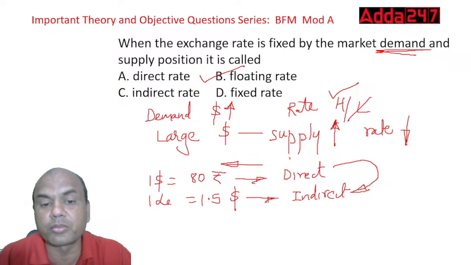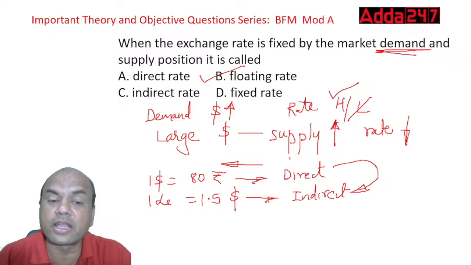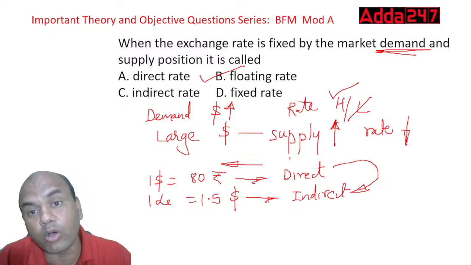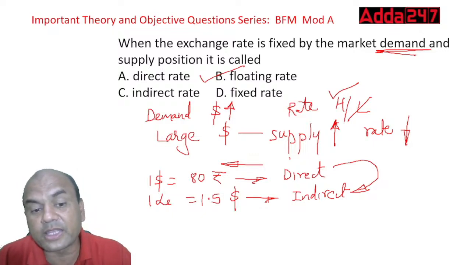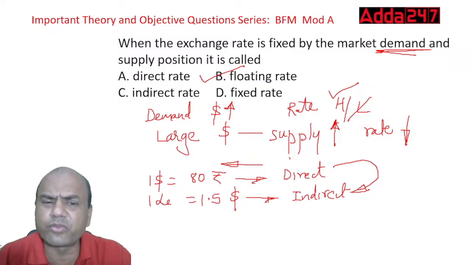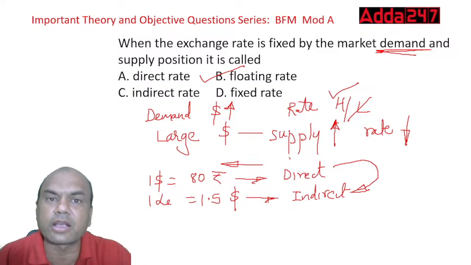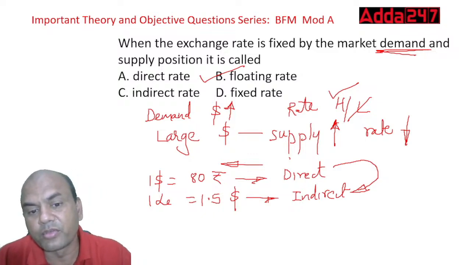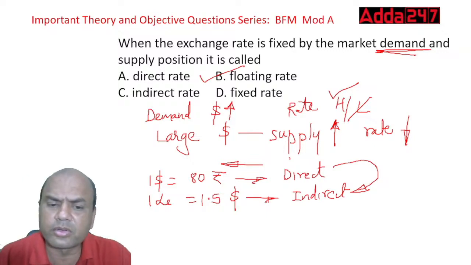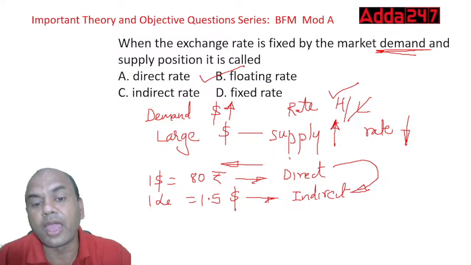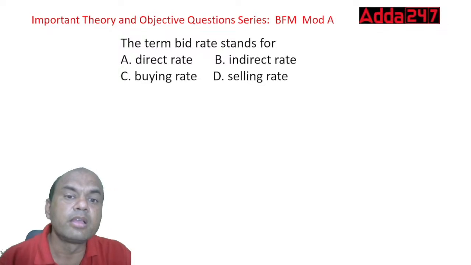Still they have this indirect rate, because these rates were fixed long back. That's why they are still prevailing. Within a few years this will go; this won't remain for long. If the country is not growing, will this indirect rate remain? No. The US will say forget this, make the pound also a direct rate, and in coming years it will be direct rate.